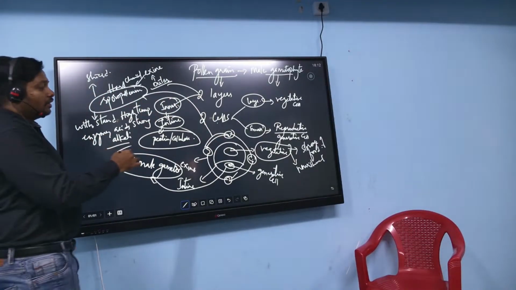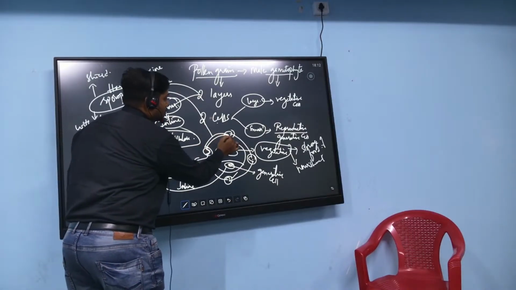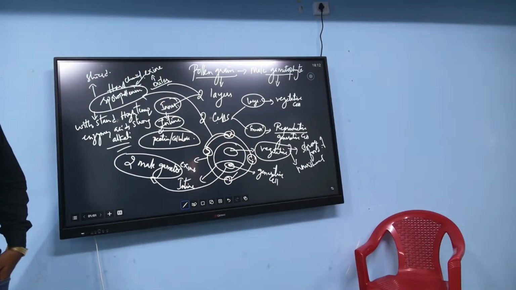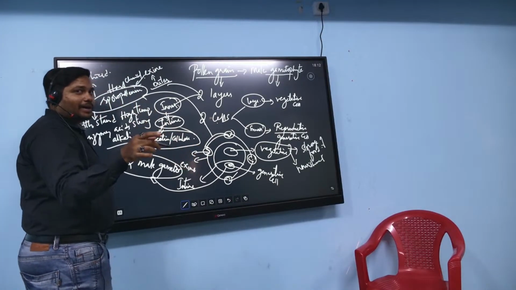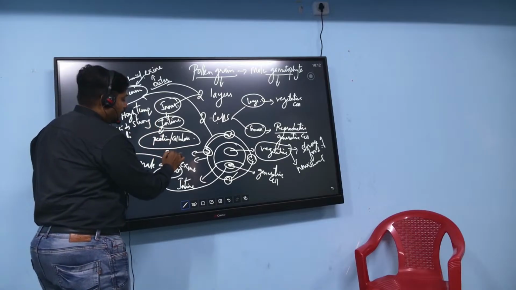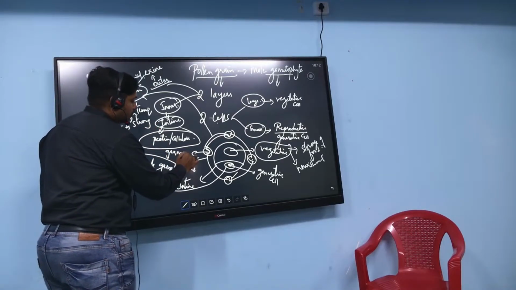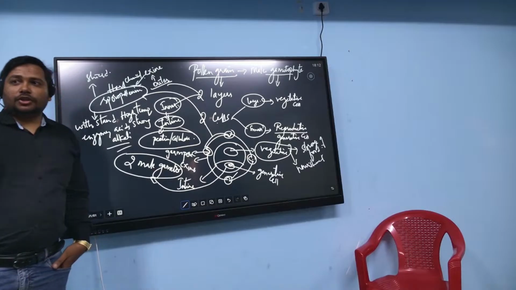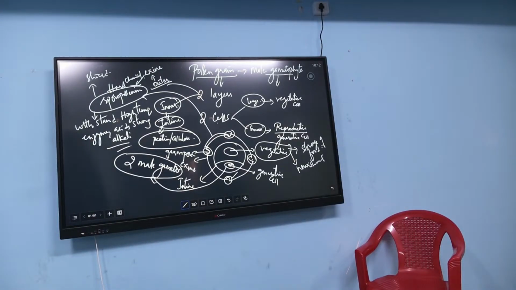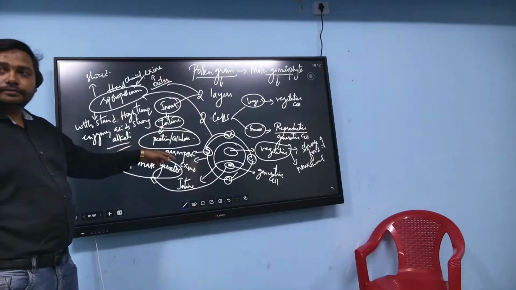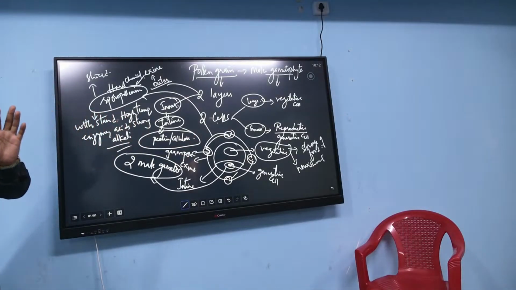Here also it is absent, here also it is absent. Where sporopollenin is absent, that part of the pollen grain is called the germ pore. A small hole-like point is called a germ pore. Did you understand?